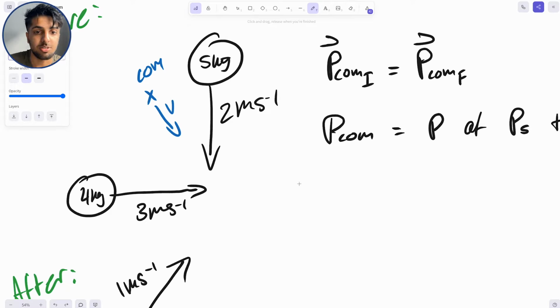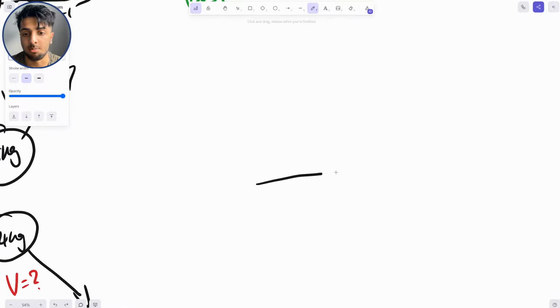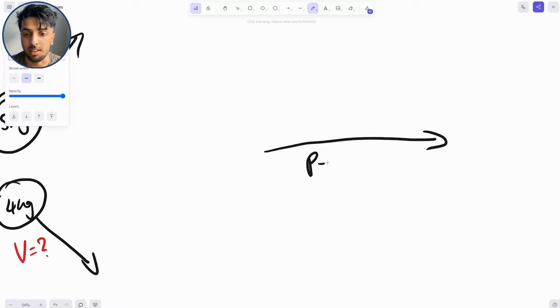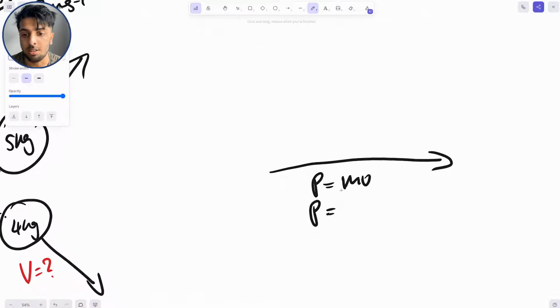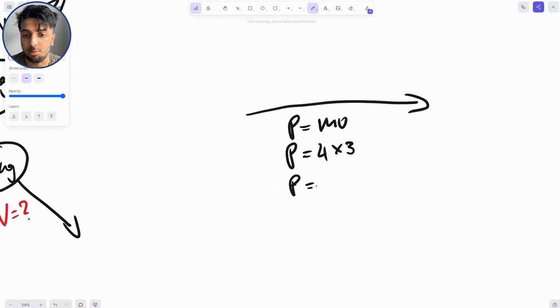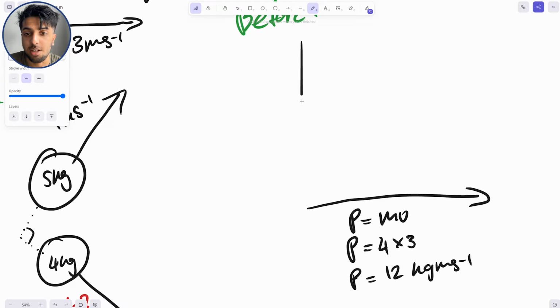So if we say this is our before, we have the 4 kg mass moving this way, and that momentum is, again, P is equal to mv, so this will be 4 kg times 3 meters per second, and that momentum is 12 kg meters per second. Right, and we have our 5 kg mass coming down this way.